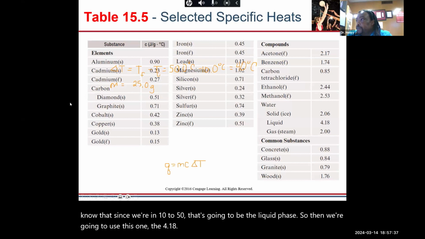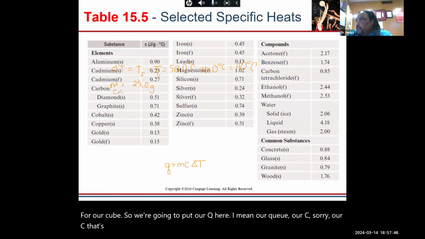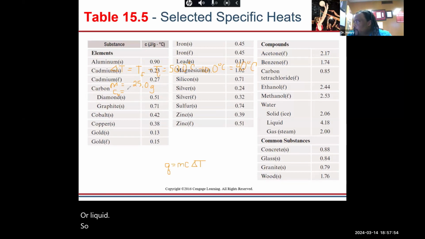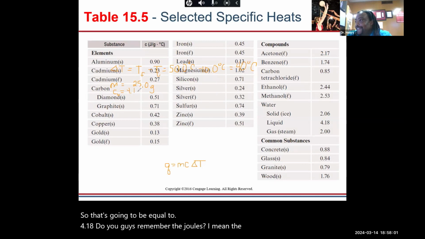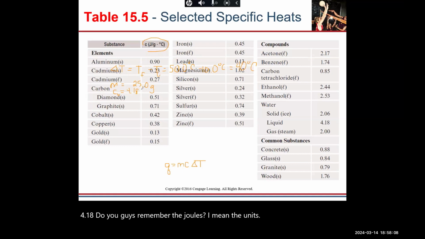for our C, sorry, our C. That's going to be of water. So we'll put a W for water or liquid. So that's going to be equal to 4.18. Do you guys remember the units? Joules per gram degrees Celsius.